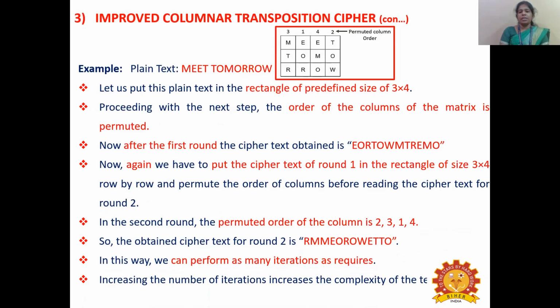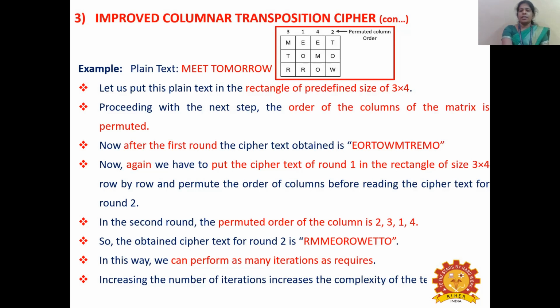Meet tomorrow: MEET TOMO RROW. The second step is to give the permuted column order. 3142 is your permuted column order for your first permutation. We have given n equal to 1. That's the first time we are performing the operation.